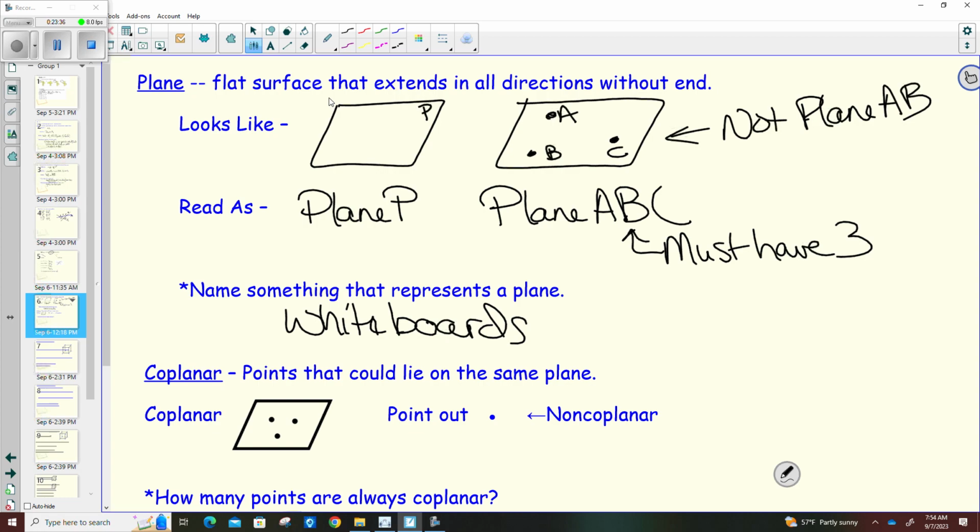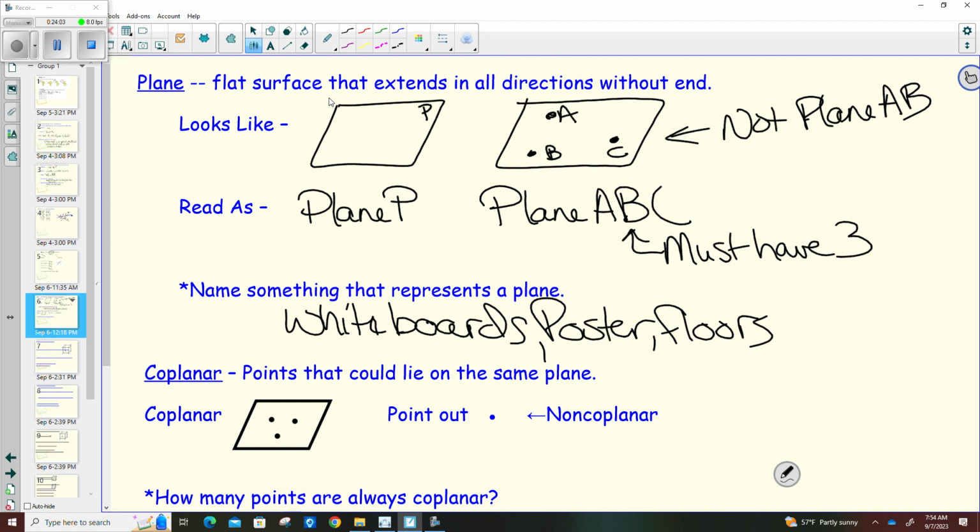The posters, absolutely. Give me another one. The floors, is that what you said? Floors, ceilings, walls, those all work too.